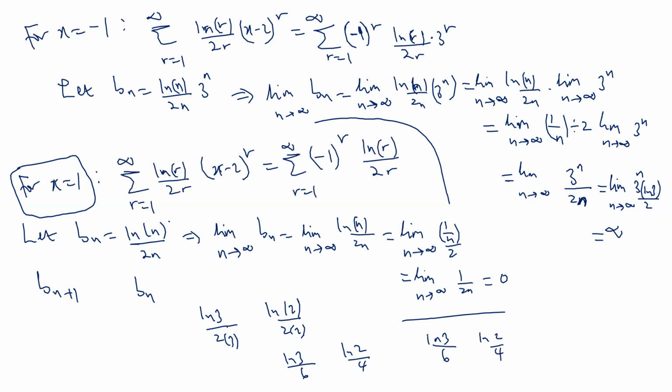Ln 3 over 6 is 0.18310, and ln 2 over 4 is 0.11552. So it means that it's increasing.